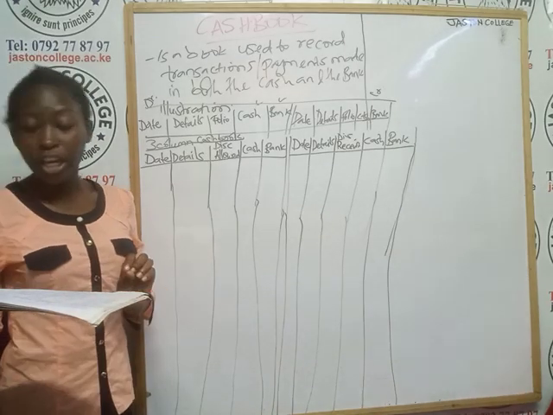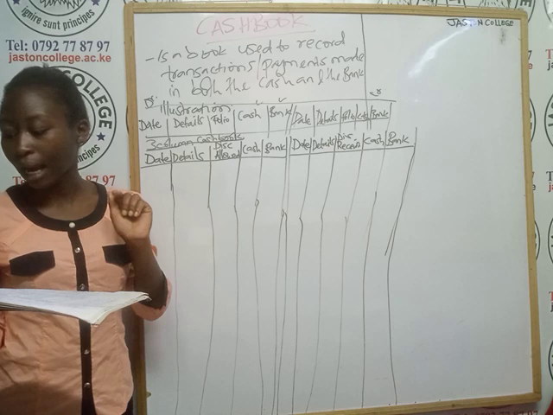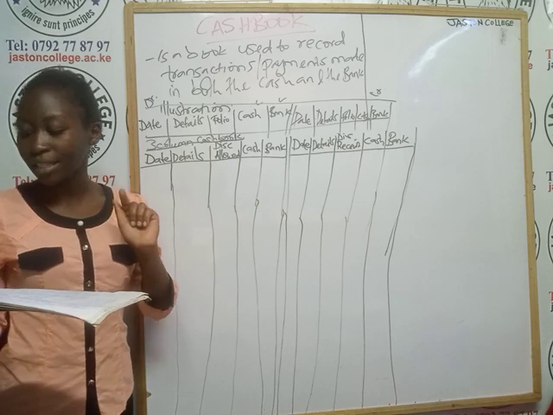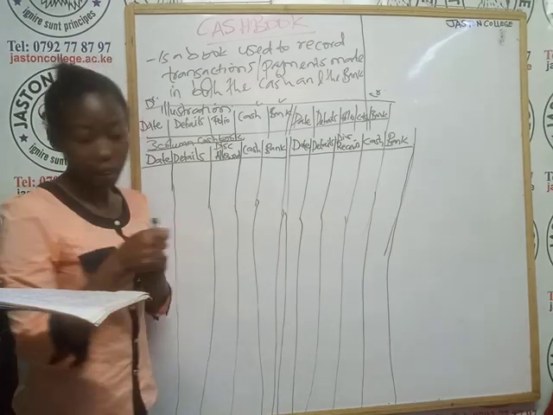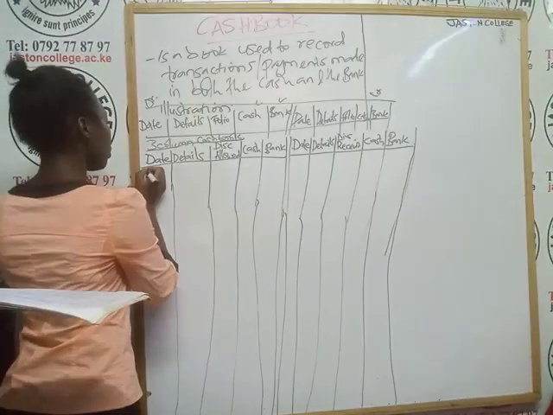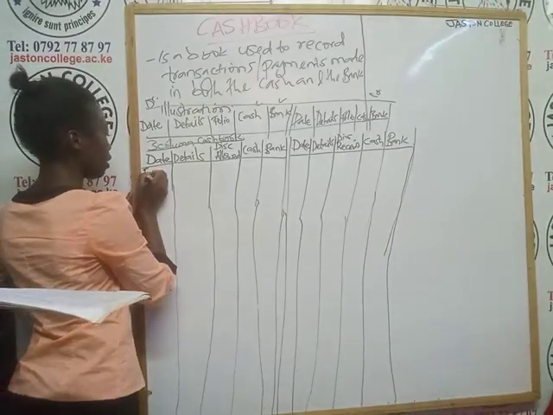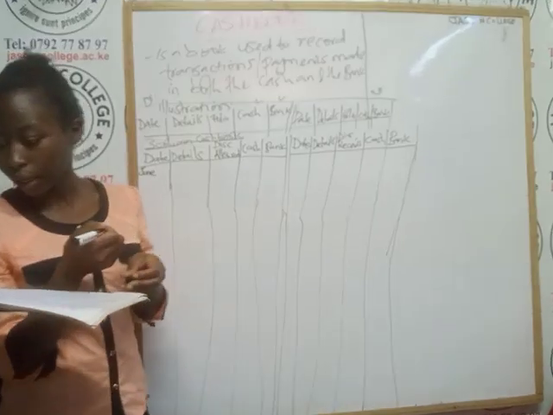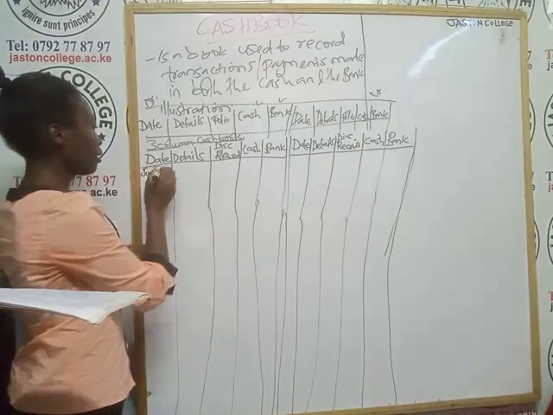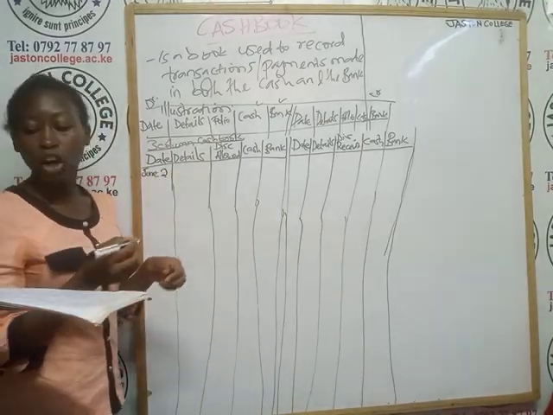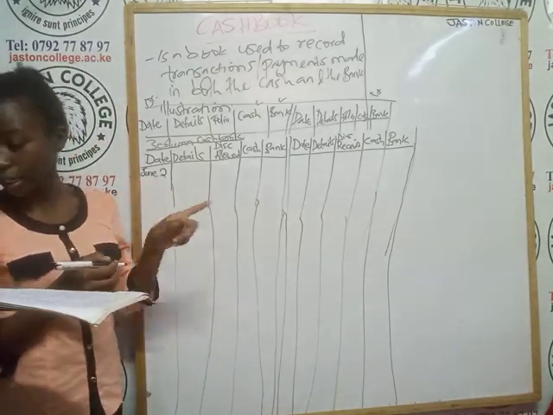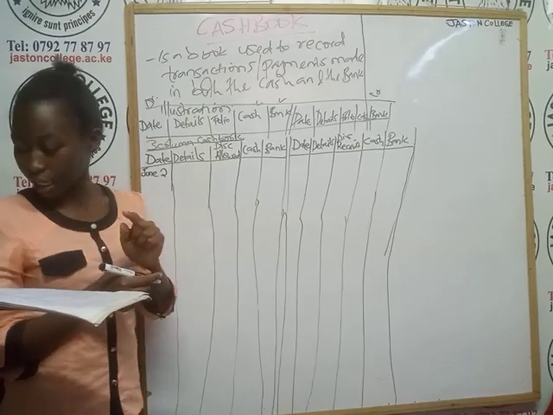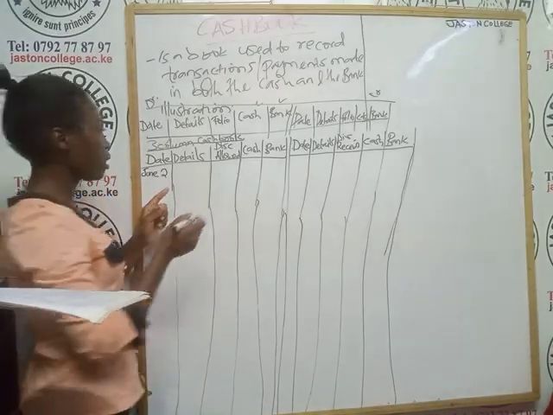And with that, he opened a bank account depositing 168,000. So on June 2nd, that is in the month of June, he opened a bank account and he deposited how many? 168,000 shillings in the bank.